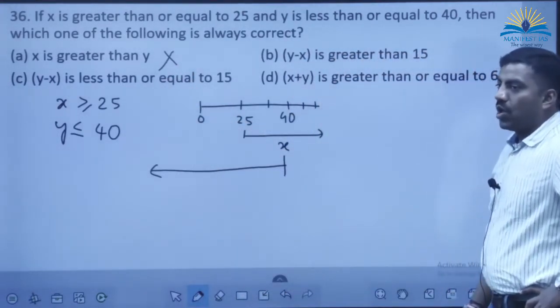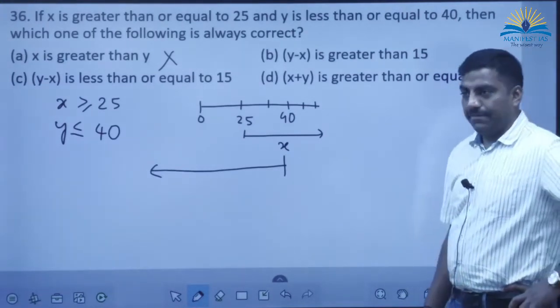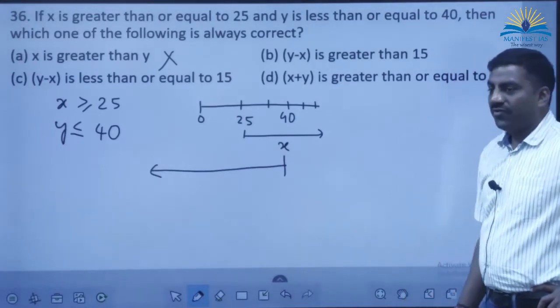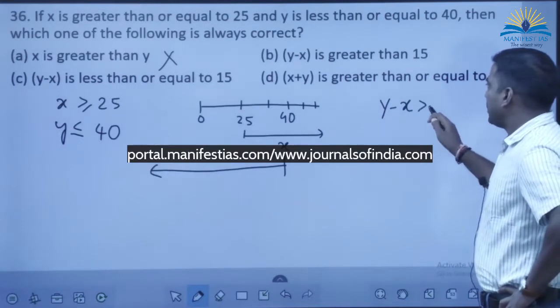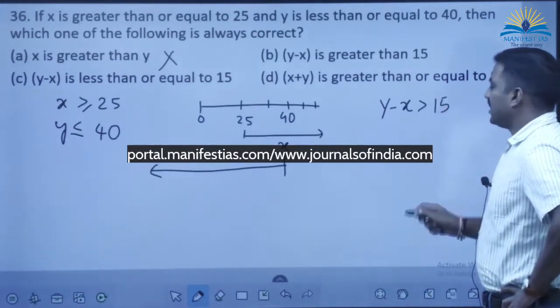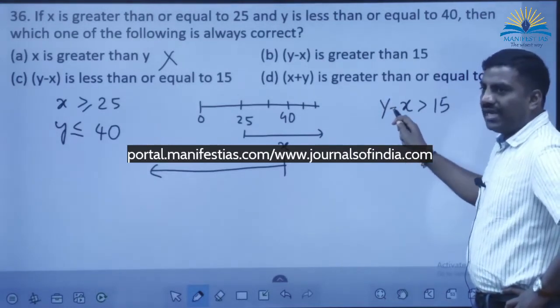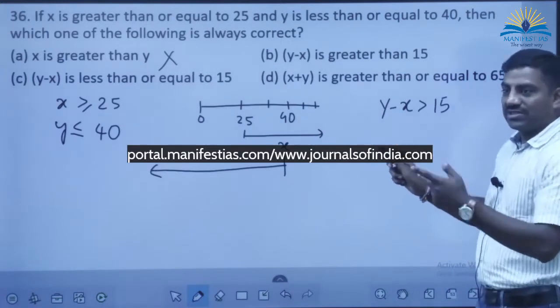Then y minus x is greater than 15. They are telling y minus x is greater than 15. That means what? Assume the highest value for y and assume the lowest value for x, then check, and vice versa you do.